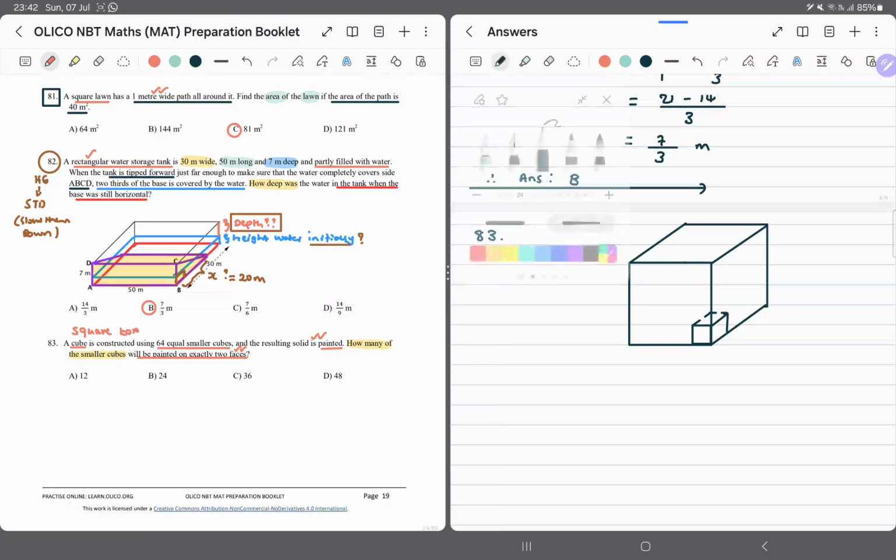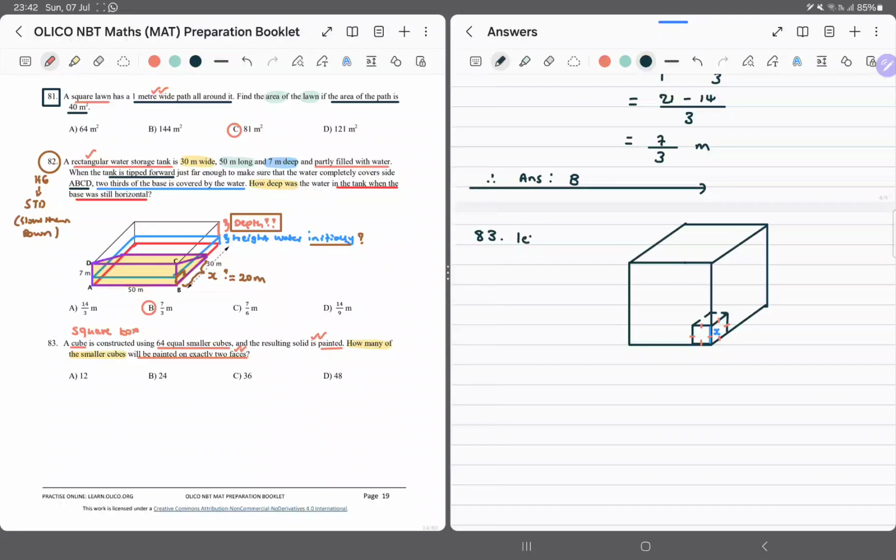Let's let the dimension of the smaller cube be x. That means all of them are going to be x because they are all equal, right? So that's going to be x, x, x, because all those dimensions are equal. So that's the first thing.